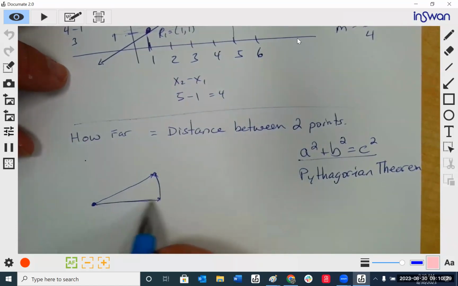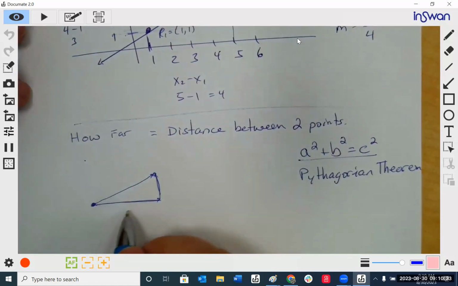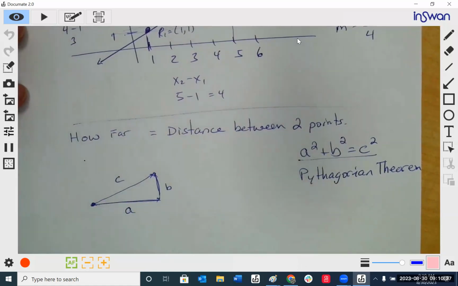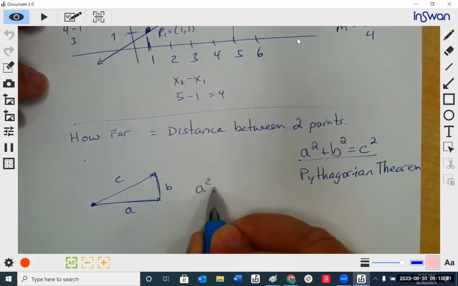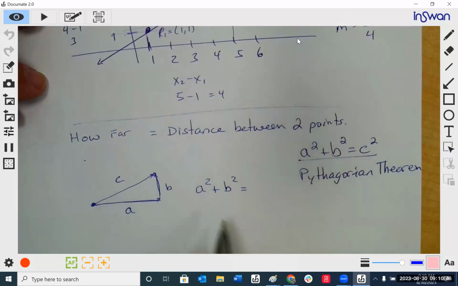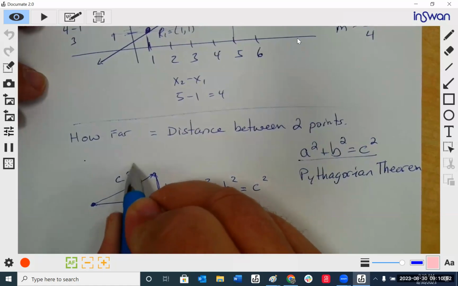He called these the legs of the triangle. We call this A, we call this B, and we call this C. The sum of the squares of the 2 legs equals the square of this number here.